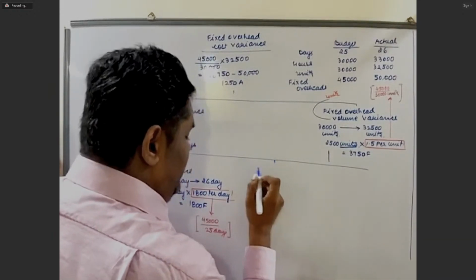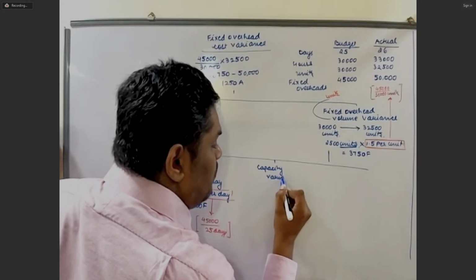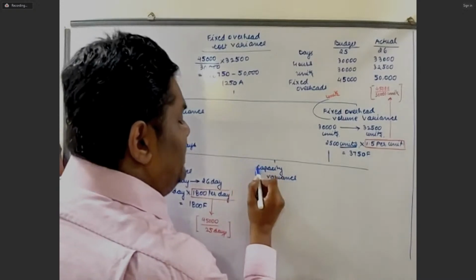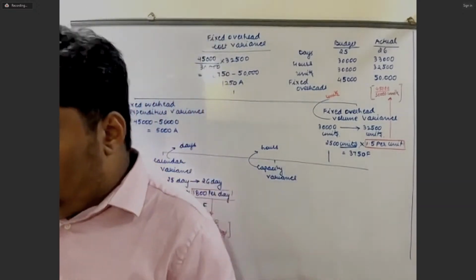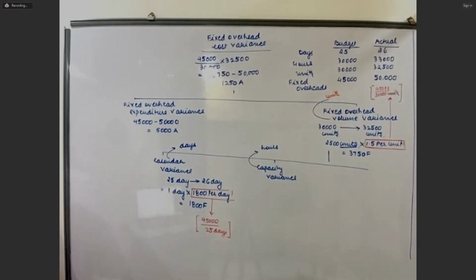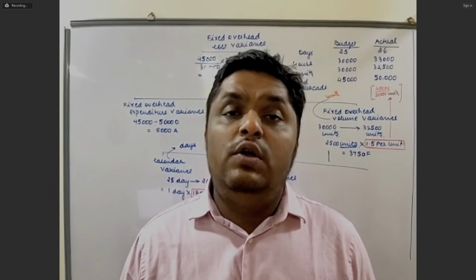Now the next is capacity variance. When talking about capacity variance, it talks about hours.